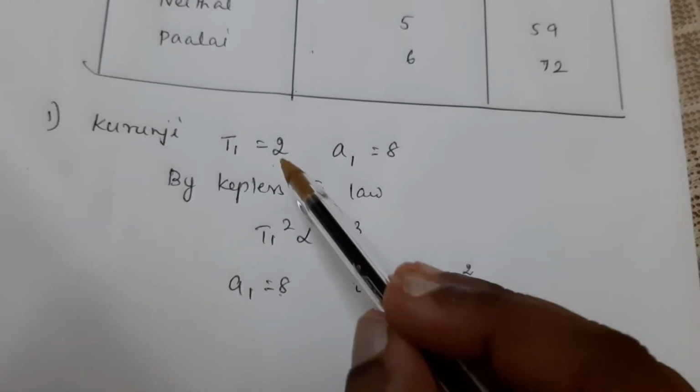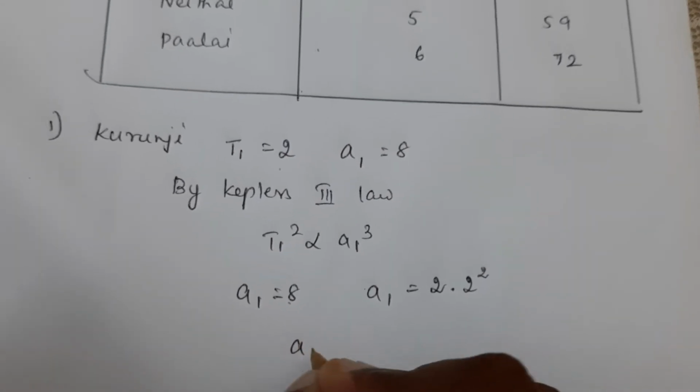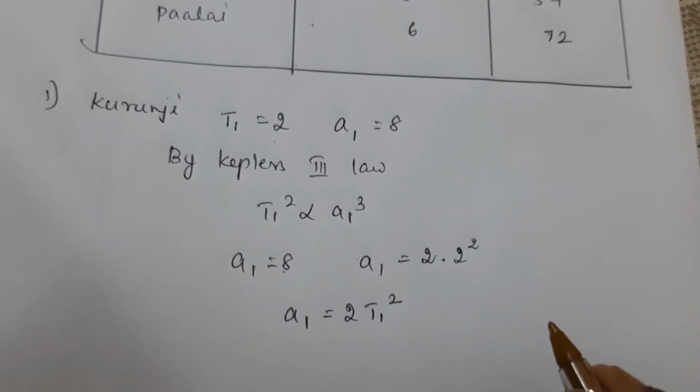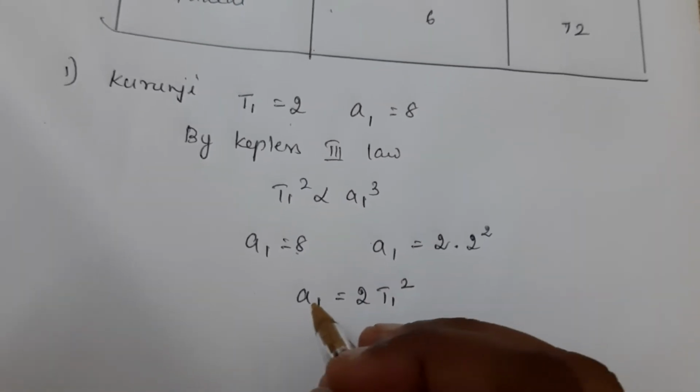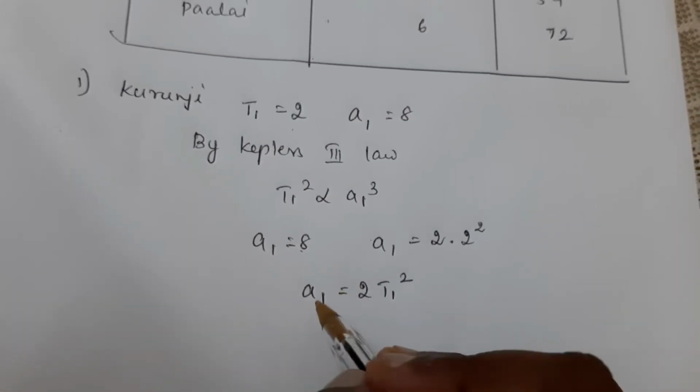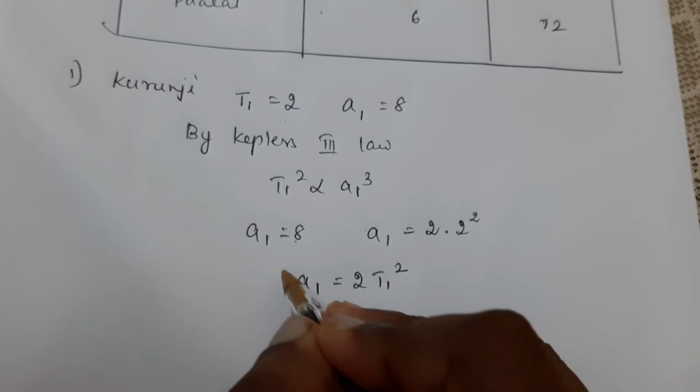Now the time period is 2. So I can write A1 is equal to 2 times T1 square. So I have got a relationship between the semi-major axis and the time period for the planet Kurinji.